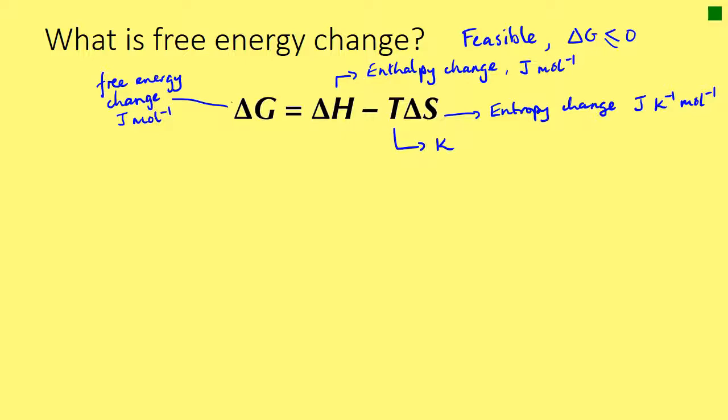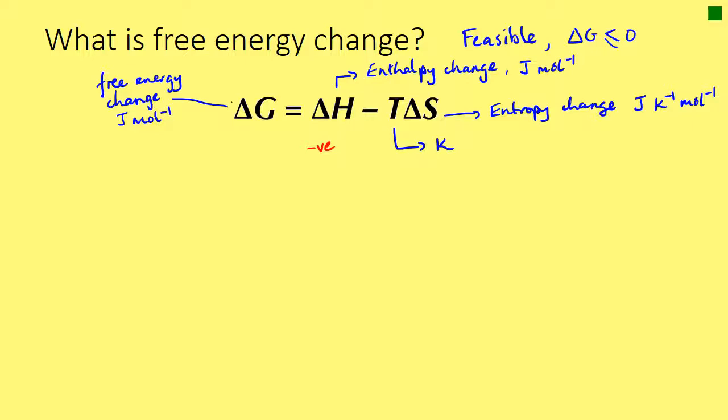So you can see from the equation that free energy change is a balance between enthalpy and entropy. So if, for example, you have an exothermic reaction, then our enthalpy change is going to be negative. And if we have an increase in entropy, then delta S is going to be positive.